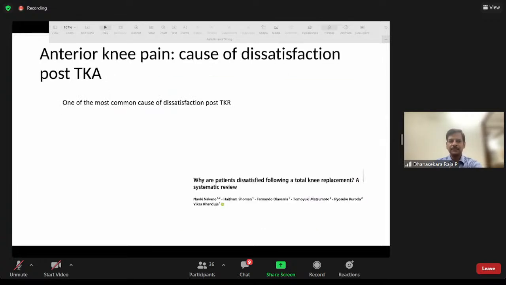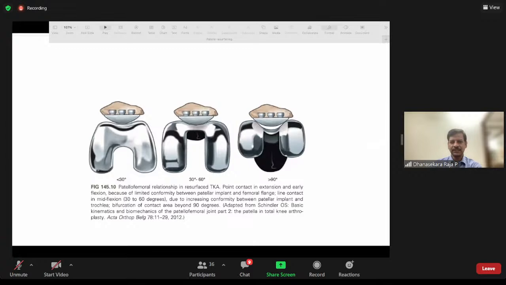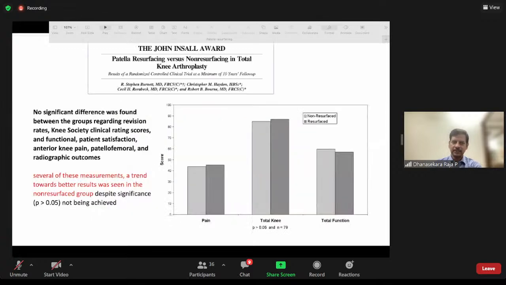So anterior knee pain post TKR is one of the most common causes of dissatisfaction. Does patellar resurfacing reduce anterior knee pain? It's still questionable. But we compare patellar resurfacing and non-resurfacing. There's one John Insall Award paper.